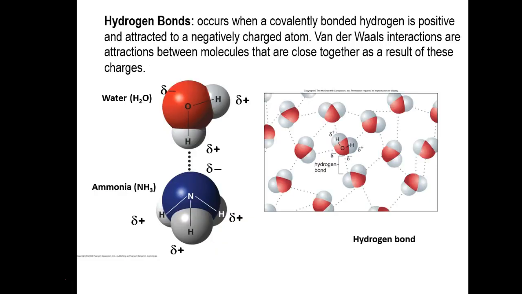The third type of bonding, remember covalent, ionic, now we have hydrogen bonding. And this becomes important in nature because many of the processes that we study are because of these attractions between hydrogen bonds. So when a covalently bonded hydrogen is positive, it's attracted to a negative atom.